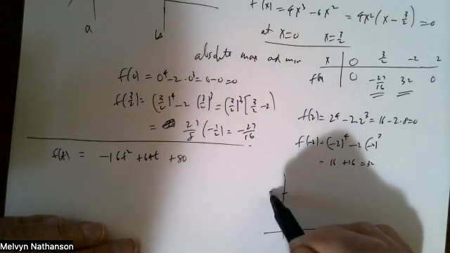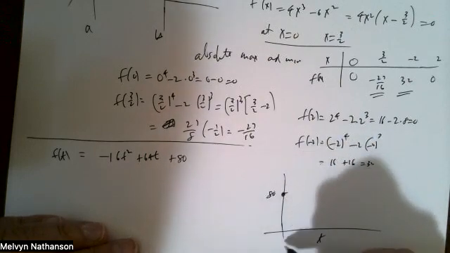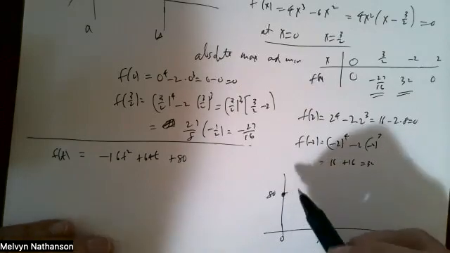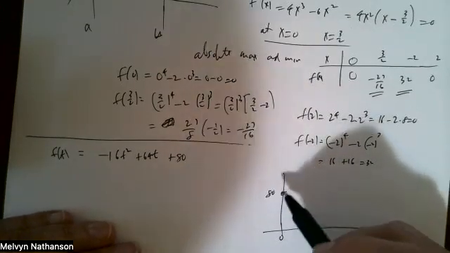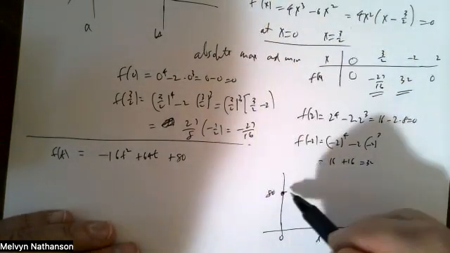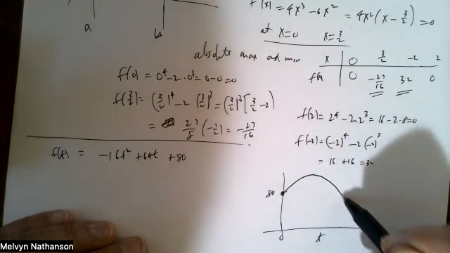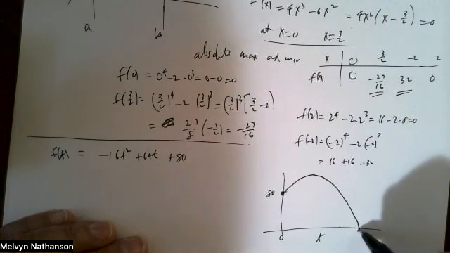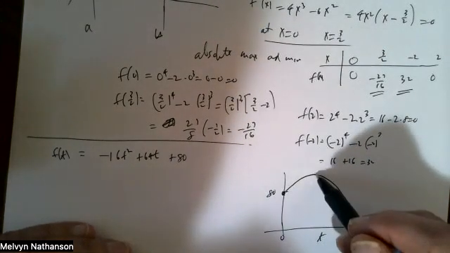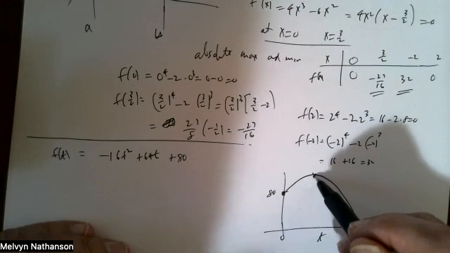This is the height. At t equals 0, you're 80 feet above the ground. And this particle is thrown upwards. So it goes up and it starts to come down and eventually hits the ground. And it gets to some maximum height.